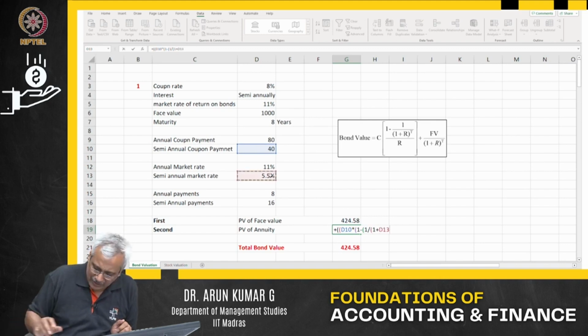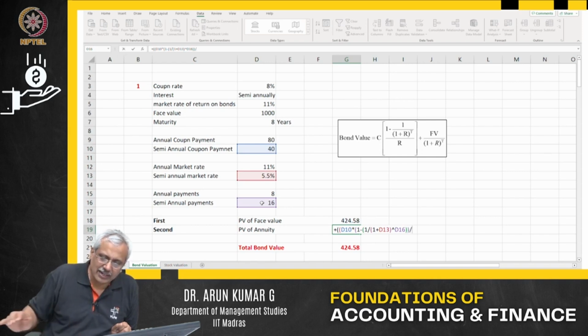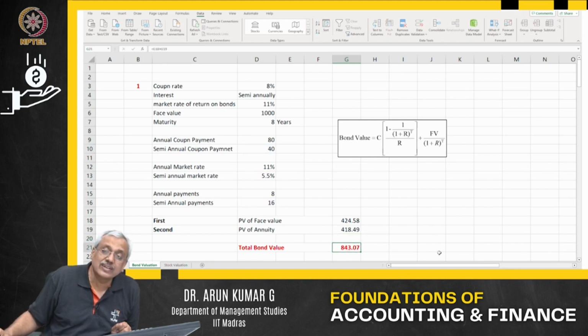Again 5.5%, again to the power of 16, because I am looking at it as semi-annual in this case. This whole thing divided by my R, again my 5.5%. My present value of annuity is about 418.49. My value of the bond is 843.